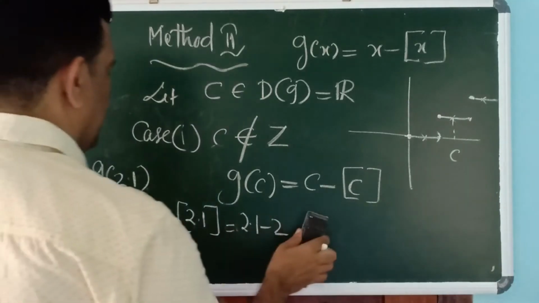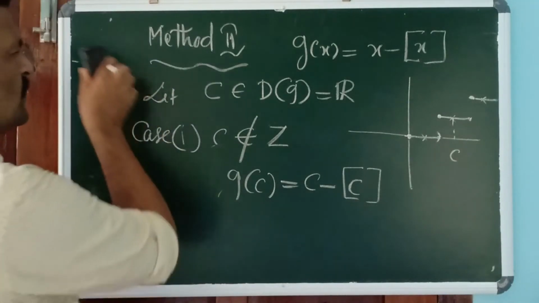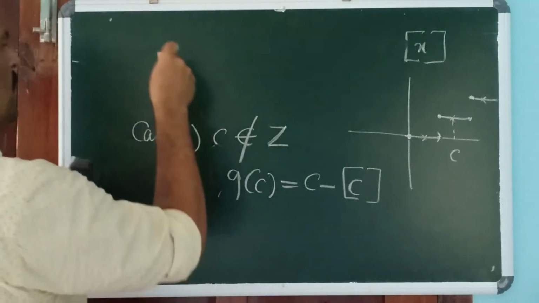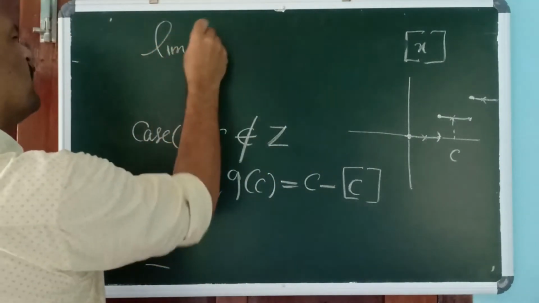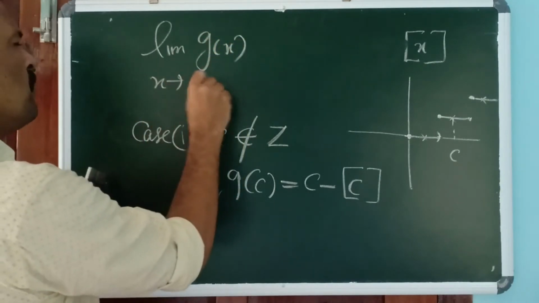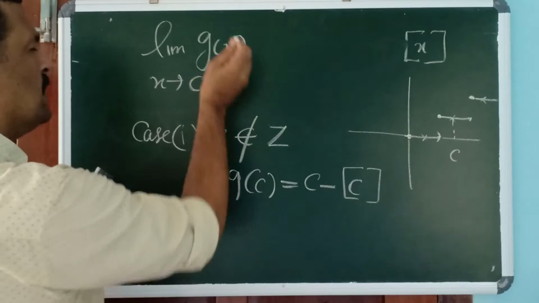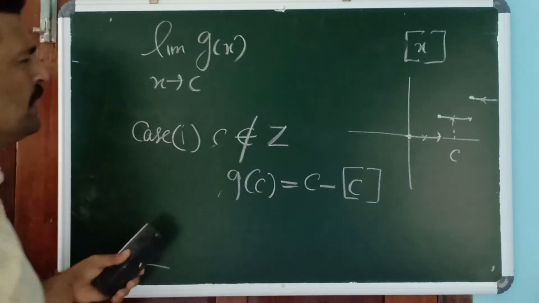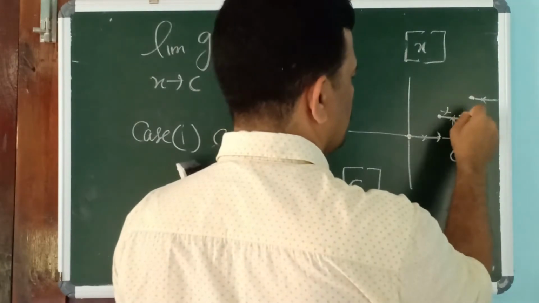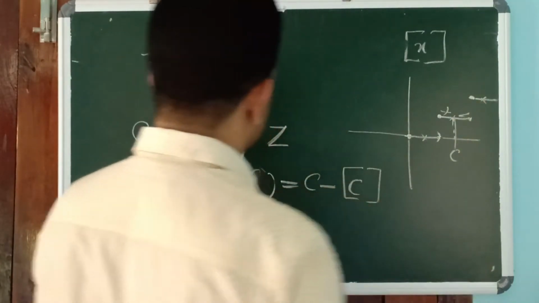In the next step, we have to determine the limit. That means limit g of x as x tends to C minus and C plus. Both the cases we can use. If C is here, for the left limit and right limit, we have to take the same formula.